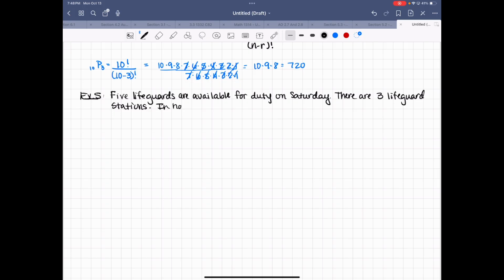In how many ways can 3 lifeguards be chosen and ordered among the stations? Okay.